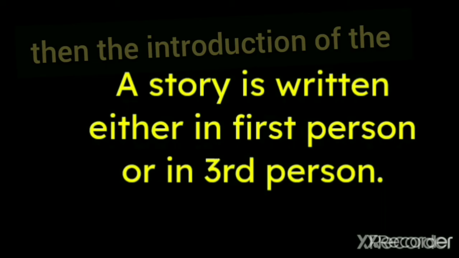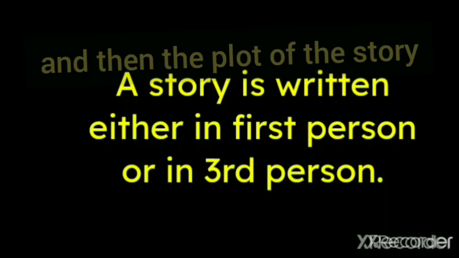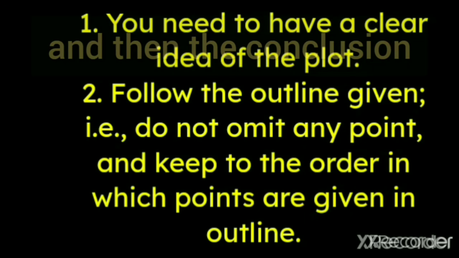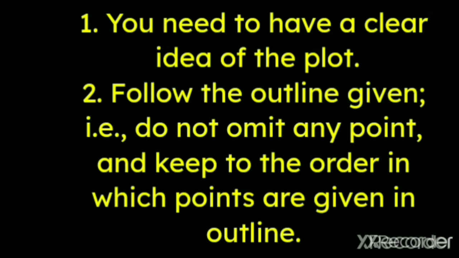So you should also decide in which way you would better explain and narrate the story. As I told you, the first thing to keep in mind is that you should have a clear idea of the plot of the story, whatever you want to write, and then you have to follow the outline, as I taught you yesterday.